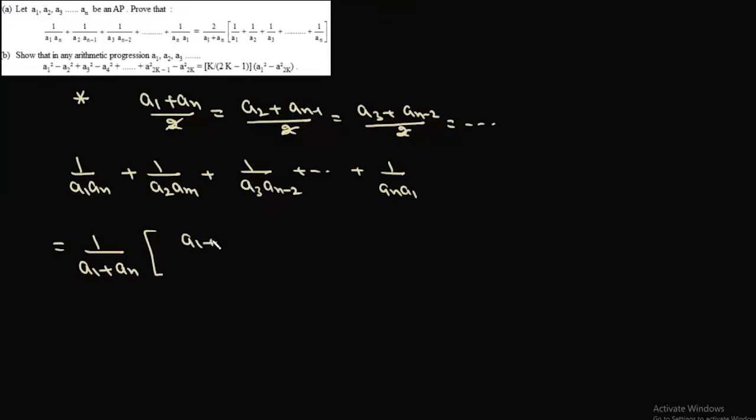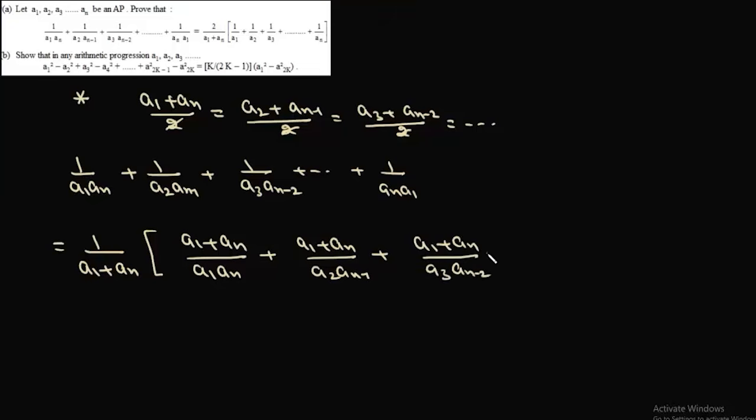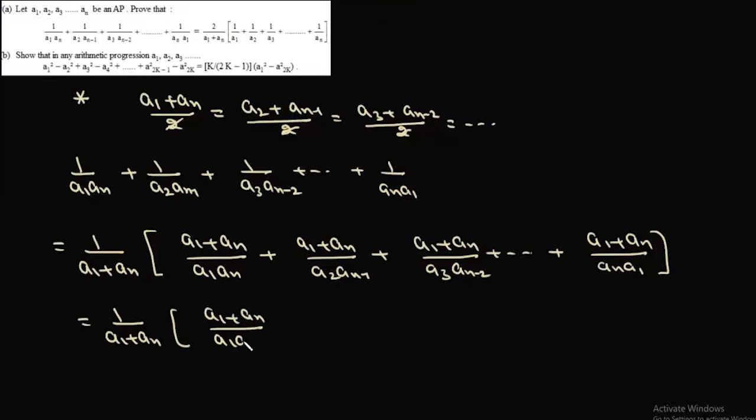So it is (a1 plus an) upon a1 an plus (a1 plus an) upon a2 a(n-1), (a1 plus an) upon a3 a(n-2), all the way up to (a1 plus an) upon an a1. Now we can write this as 1 upon (a1 plus an), and this is (a1 plus an) upon a1 an.